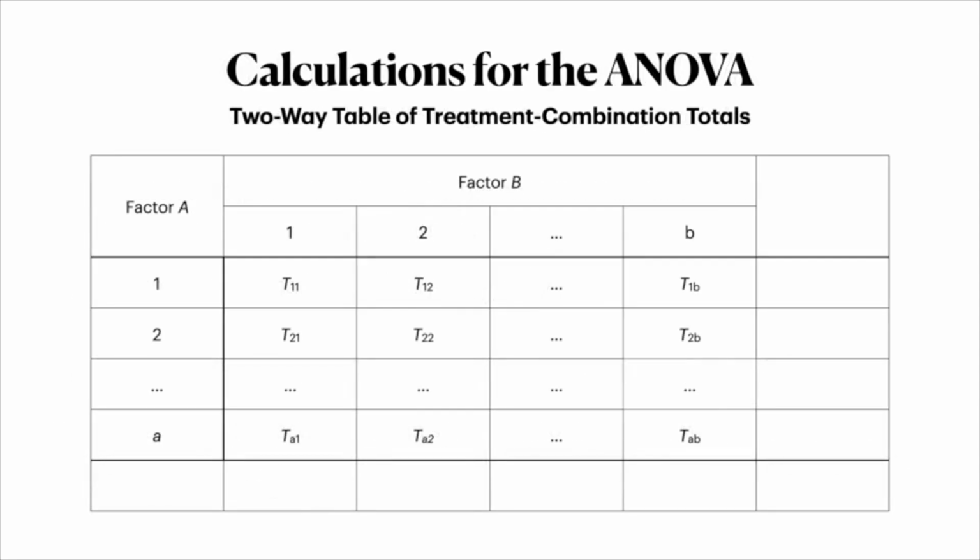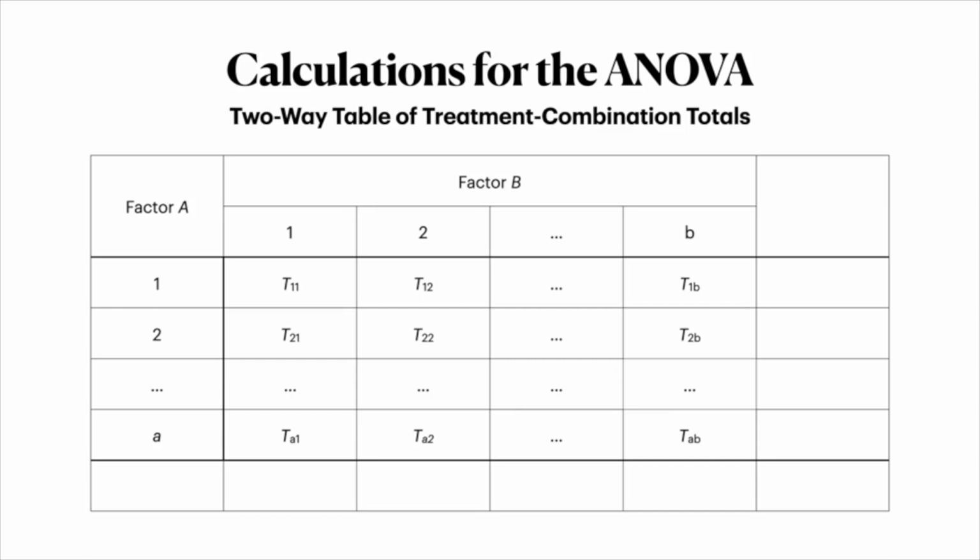So in this table, the rows correspond to the levels of factor A, the columns correspond to the levels of factor B. In the ijth cell, so the intersection of the ith row and the jth column, I have T sub ij. So that corresponds to the total for the observations at that treatment combination.